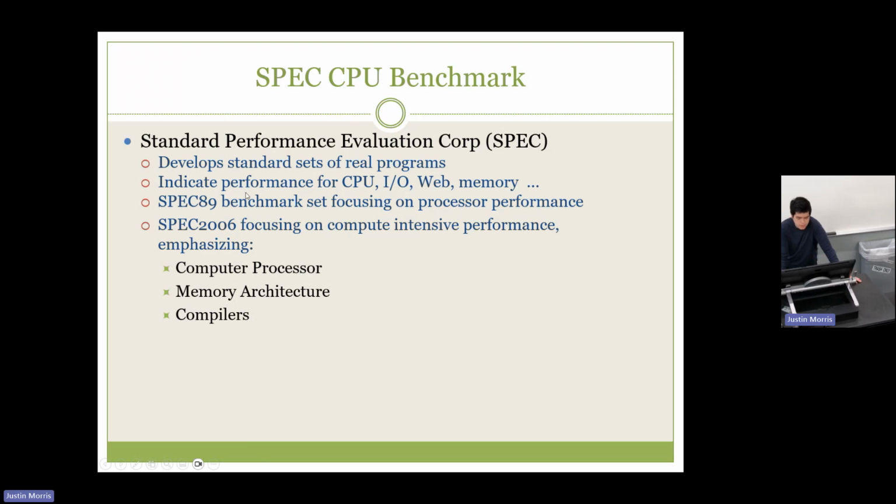It can be indicative of performance for the CPU, but it also covers input output, web applications, and memory, and it's been evolving for a long time. You can find sets of SPEC benchmarks labeled by the year, so there's SPEC 89, SPEC 2006, SPEC 2010.